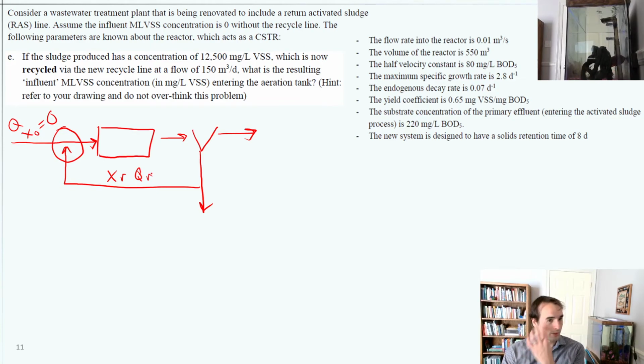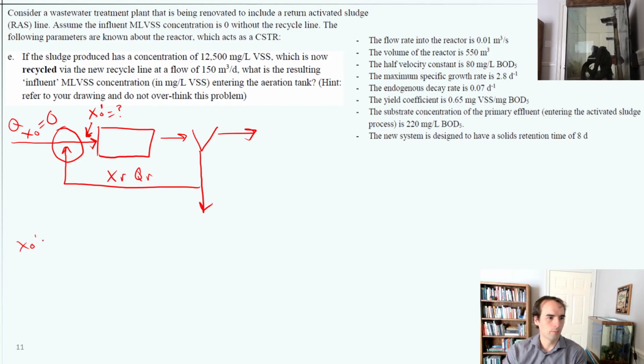And the question is asking, what is the new, quote, influent MLVSS to this reactor, which is right here? This is what's coming in. So we'll say X naught prime. That's the question. So if you refer to your drawing, then you should be able to see that really what we need to know is just that.